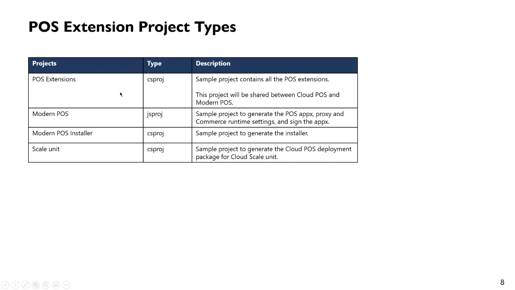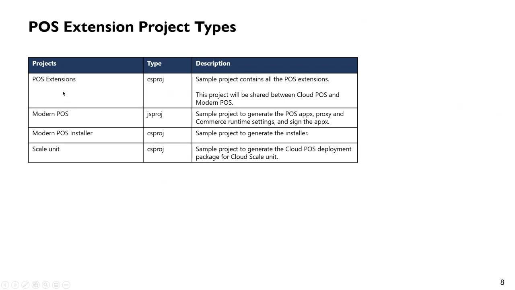Similarly, if you are a partner doing a customer-specific customization, or any scenario, the first step is you will create a CS project, mainly for your extension. Then you will consume the POS package from the public feed I showed, and do all your customization. So this is the first extension project you're going to create.